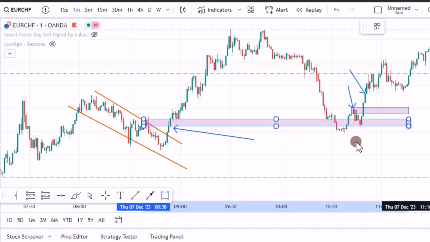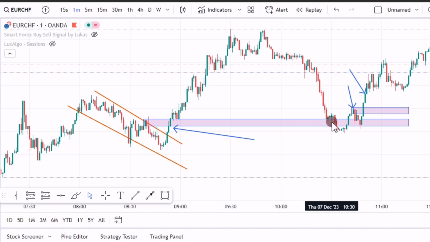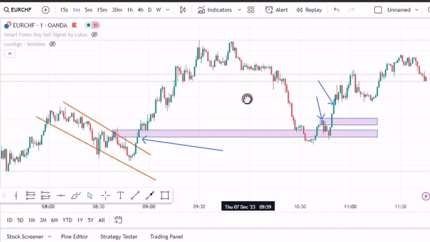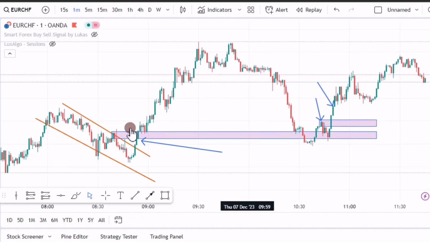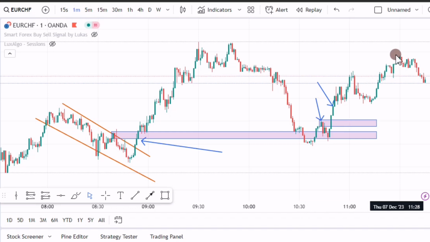Price broke out from here, and then once price moves up, it will come back to test the area where it broke out from. Once it comes back down, it will test that area, and then it is very much likely going to pull back.